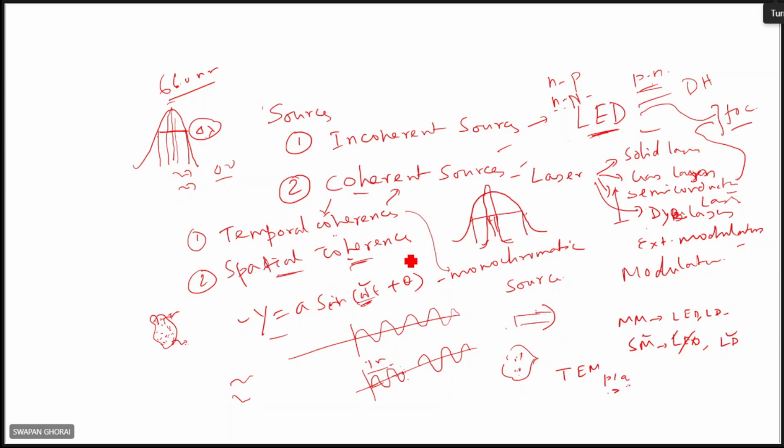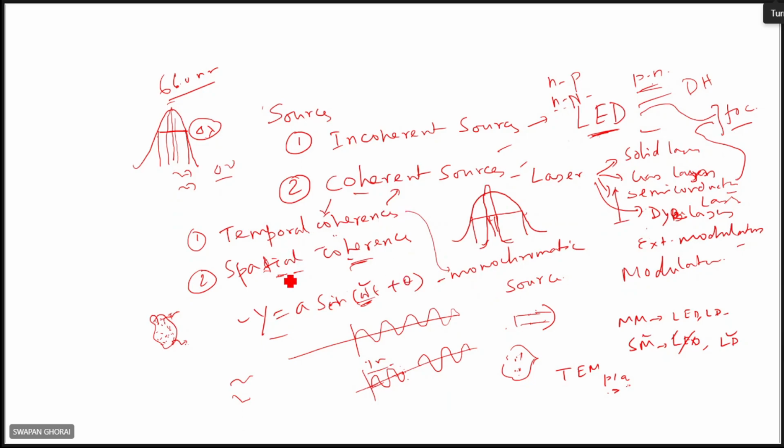So spatial coherence is related to the beam width, beam profile, and beam divergence. These are determined by the spatial coherence, right? That is related to the transverse modes. We'll see it when we consider the laser sources. At that time, these things will be discussed in more detail. So just for the beginning, you should know all those things.